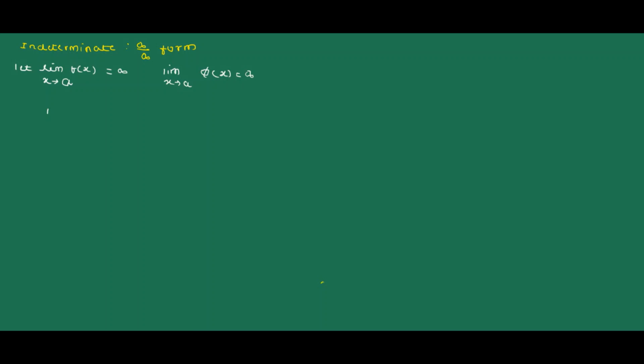Then limit x tends to a f of x divided by phi of x, we can write by using L'Hospital's rule, that is limit x tends to a f dash x divided by phi dash x.